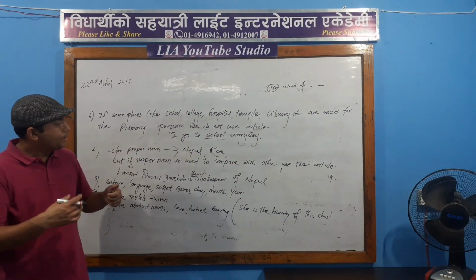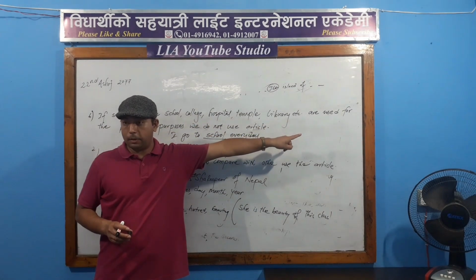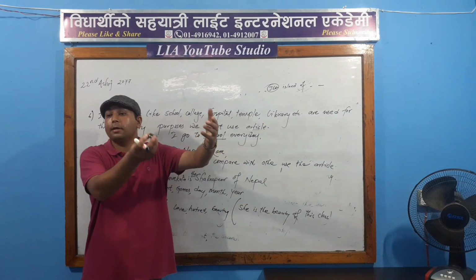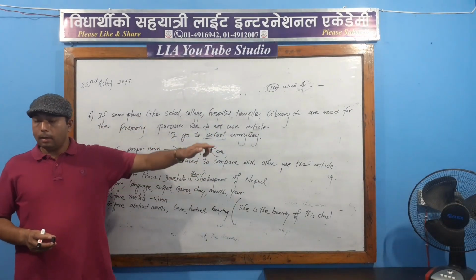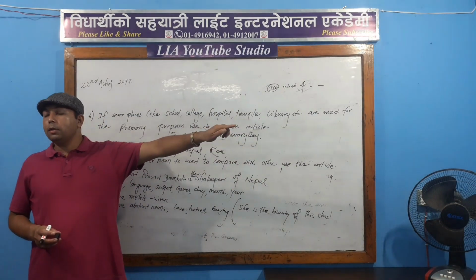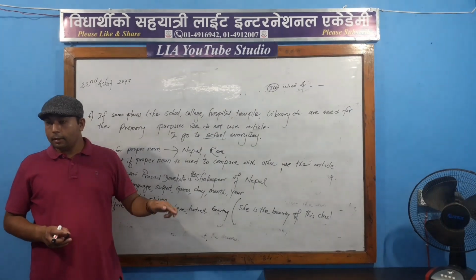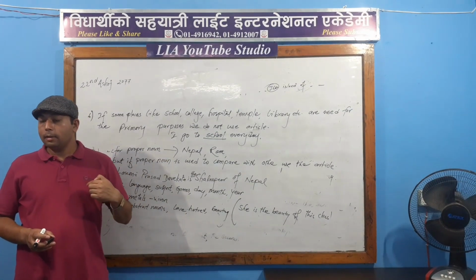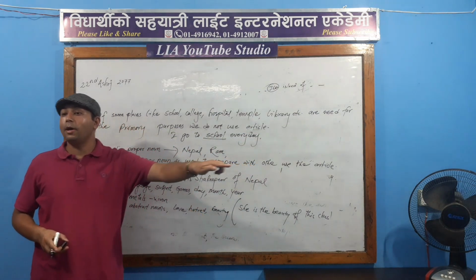But sometimes we do not go to these places for their primary purposes. Okay, for secondary purpose also we may have. For example, yesterday, okay, my uncle came to Pasupati temple. He didn't know where I live. Okay. Then he called me, and I went to the temple to meet my uncle.